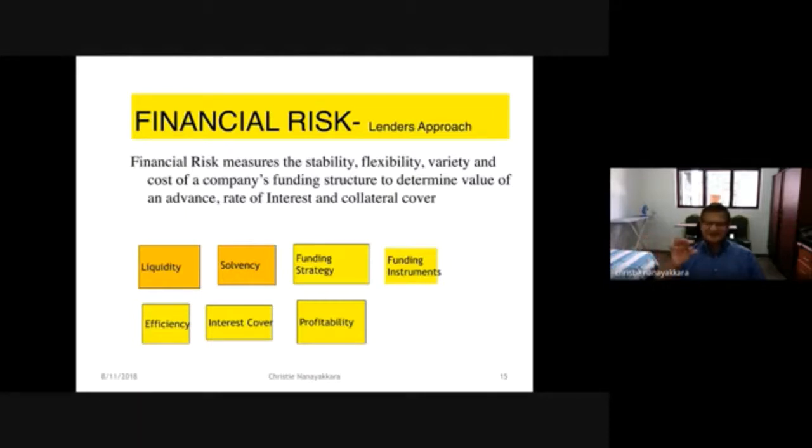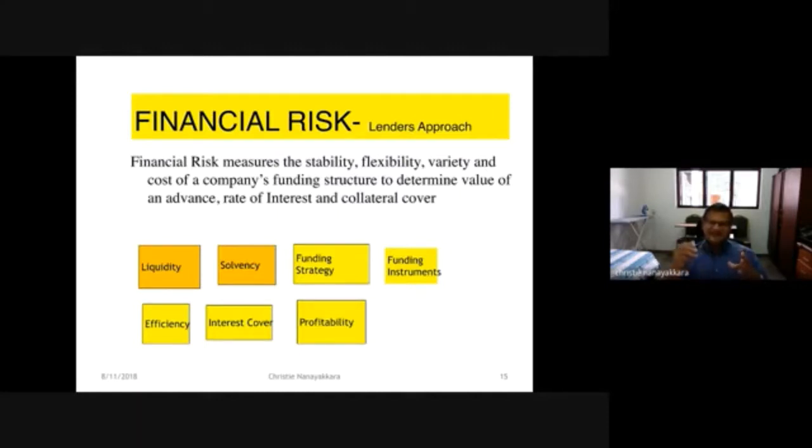The financial risk is about the customer's liquidity, his solvency, his ability to get money, funding strategies, what kind of instrument he can use to get money, how he operates, the efficiency of the company, whether he is making enough money at least to pay the interest.